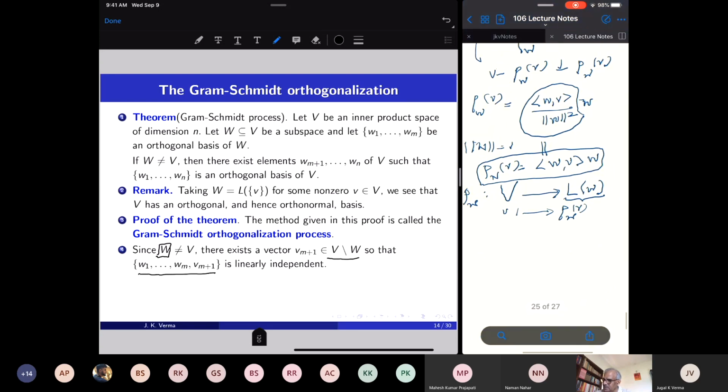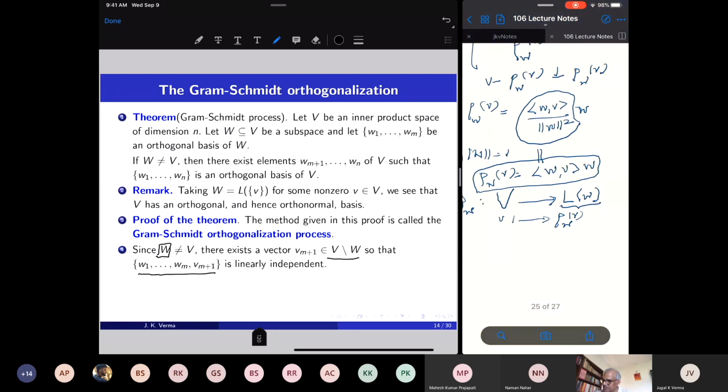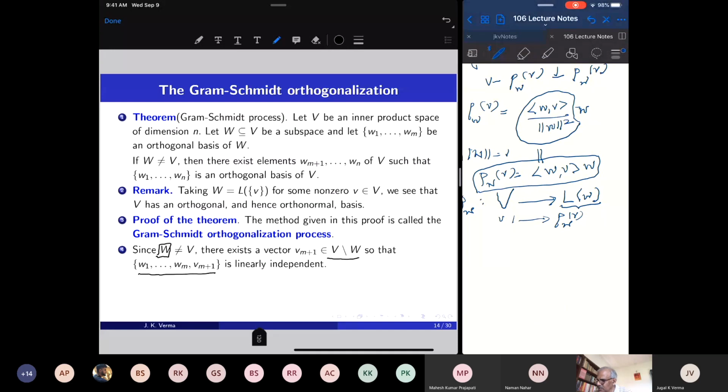This map which is projecting vectors onto the line passing through W is a linear transformation, the projection map from V to this subspace which is spanned by the single vector W.